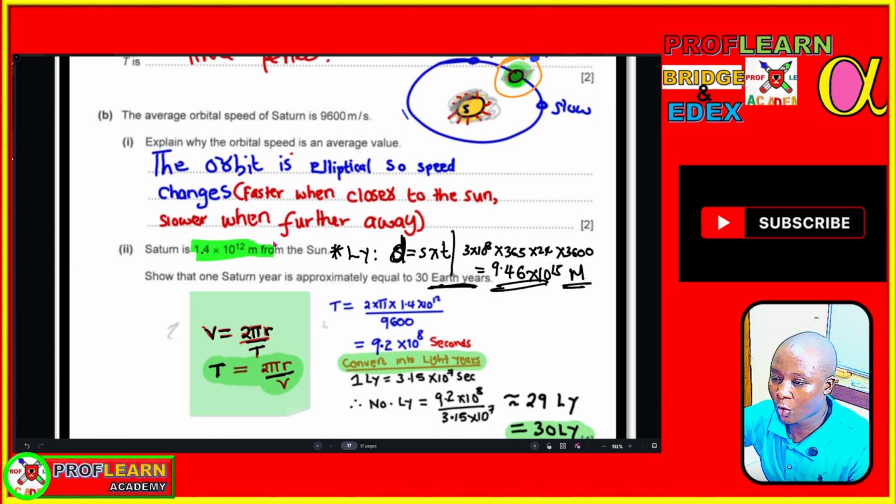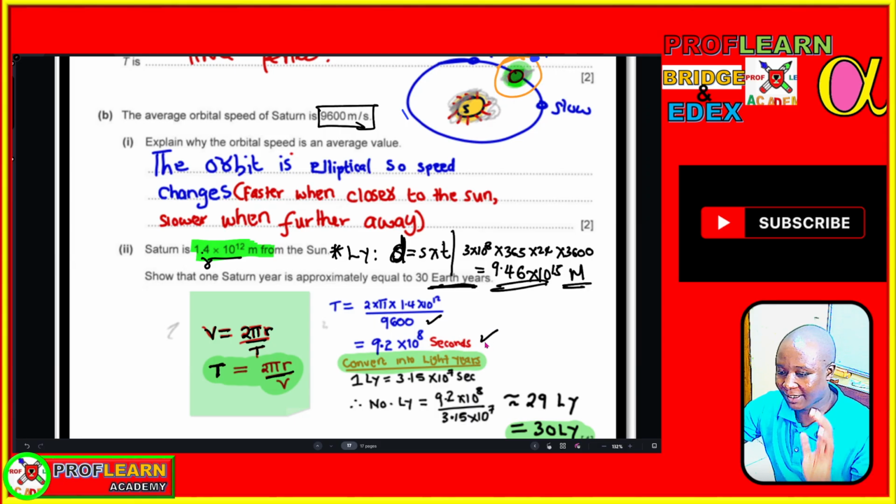Our average orbital speed for Saturn was given here, and the radius is also given, this is our r. If you work it out, you get 2 pi times 1.4 times 10 to the power 12 over 9600, and that gives us 9.2 times 10 to the power 8 seconds.